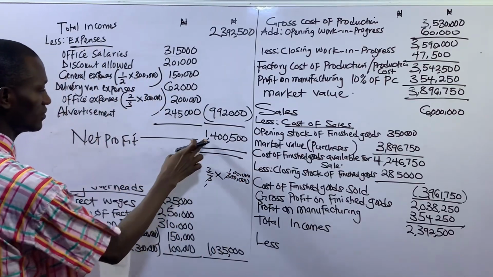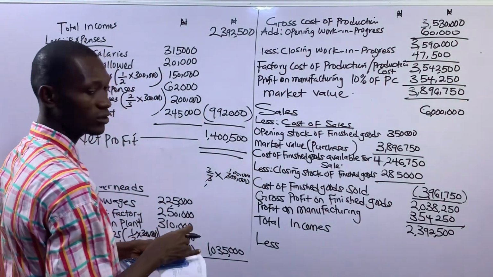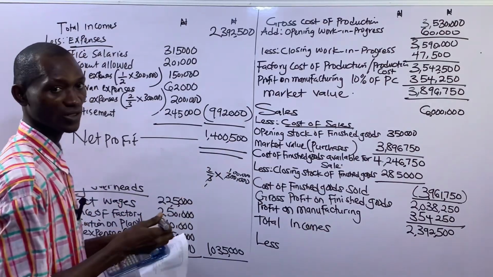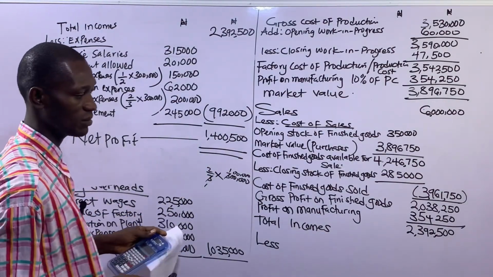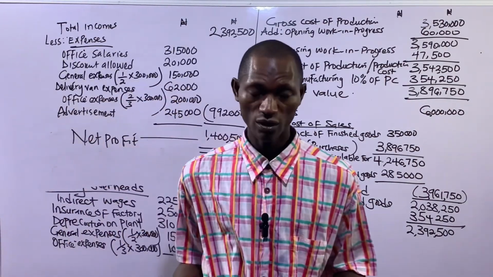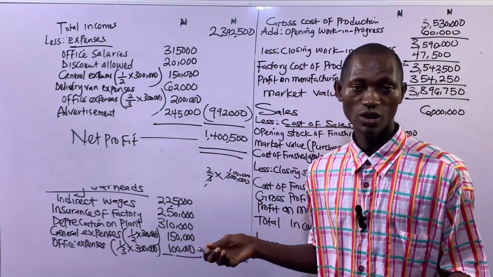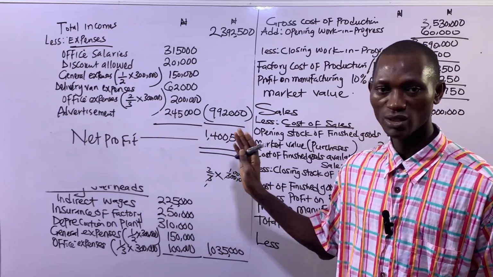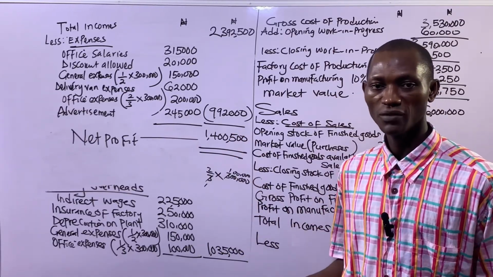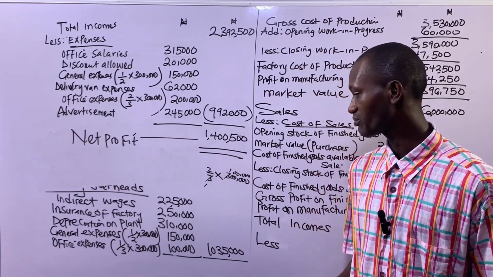So our net profit is 1,400,500. The business is making a profit, which is good for a business, right? At the same time, it could also have a loss, but with respect to this question, it's profit.